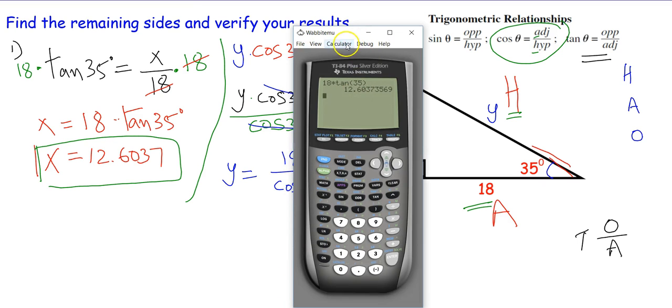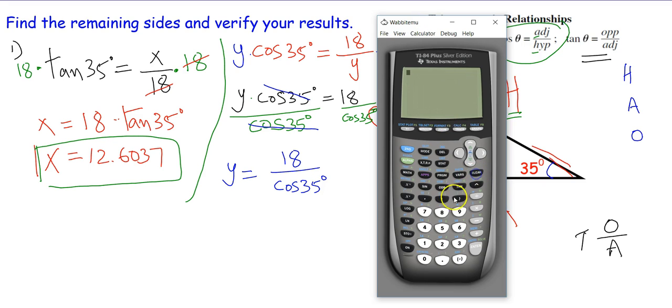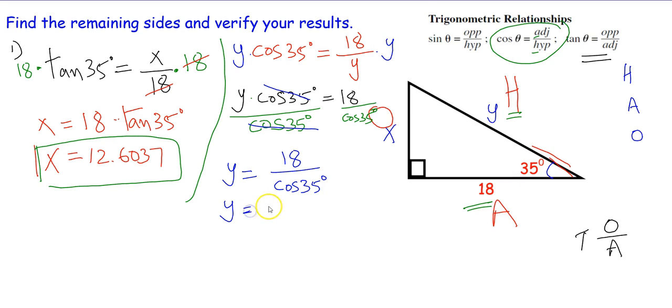So let us do this. 18 divided by cosine 35 degrees, hit enter. You have how much? 21.9739. I'm rounding it to the fourth decimal. Y equal to 21.9739.